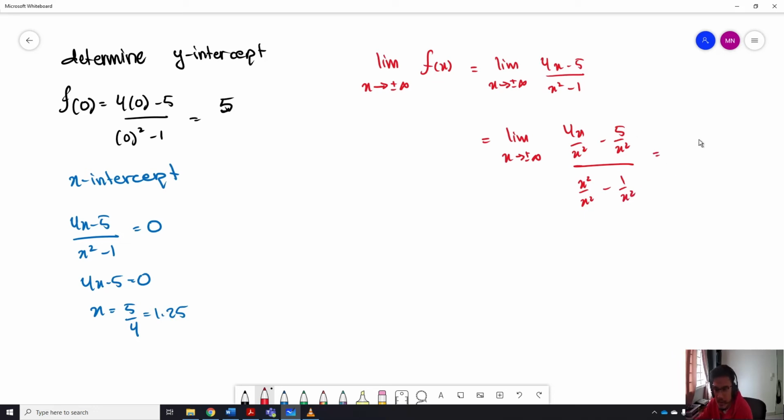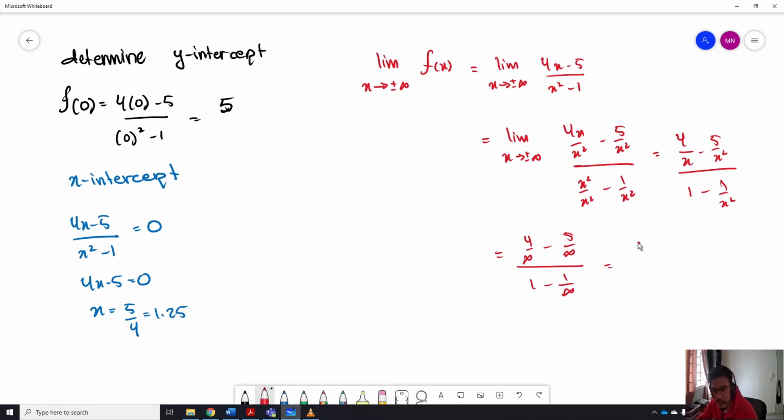So then we have 4 over x minus 5 over x squared, over 1 minus 1 over x squared. Then we substitute our limit. So we have 4 over infinity minus 5 over infinity, over 1 minus 1 over infinity.